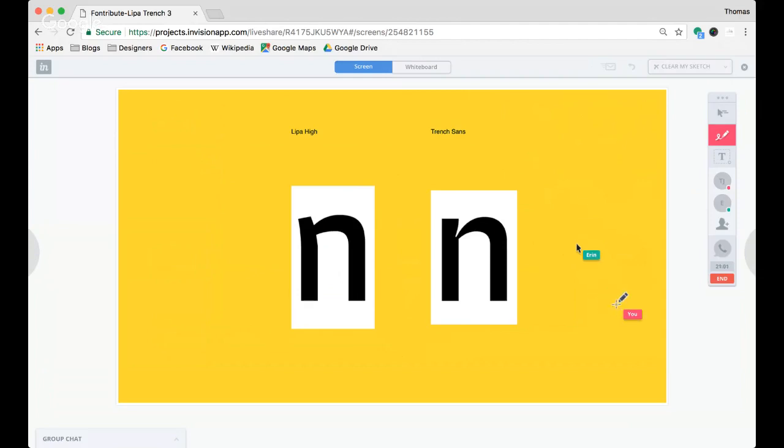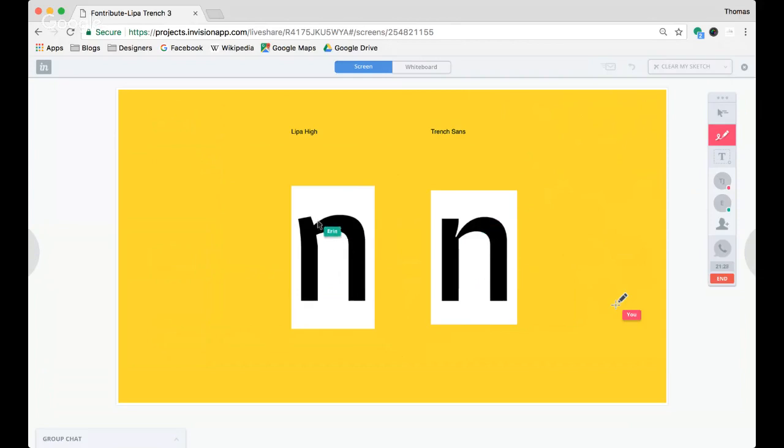Erin, you want to talk about the curve transition between the two and how those are approached differently? Yeah, that was a great way of explaining it. Because Thomas was pointing out that this curve starts way back inward, inside the vertical stroke, it gives the curve more time to be rounder here in Trench Sans. It goes up a little bit further and then into a more full round sort of curve.